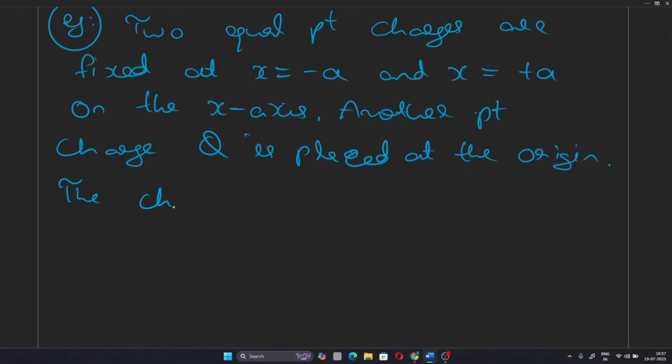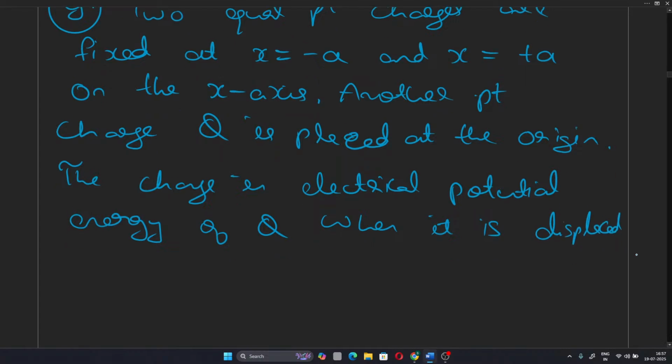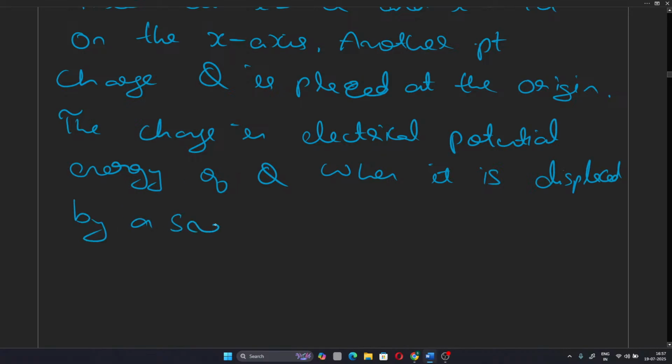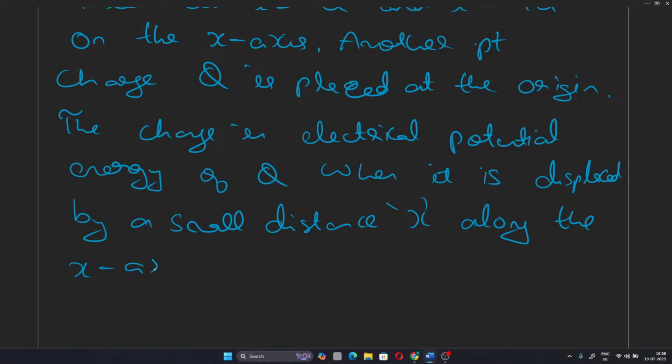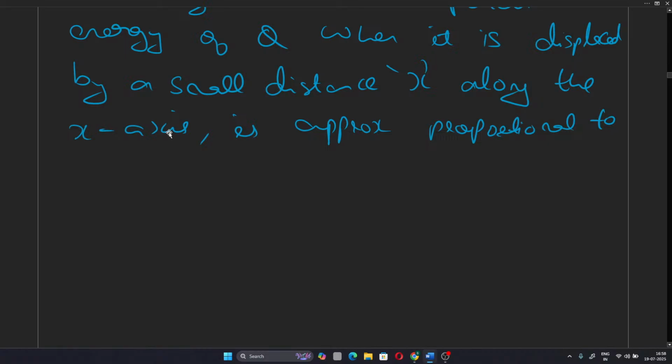The change in electrical potential energy of q when it is displaced by a small distance x along the x-axis is approximately proportional to... a direct question.